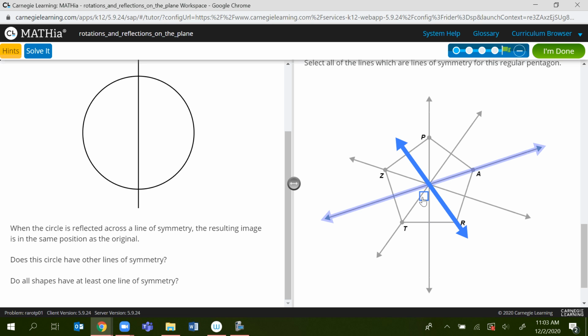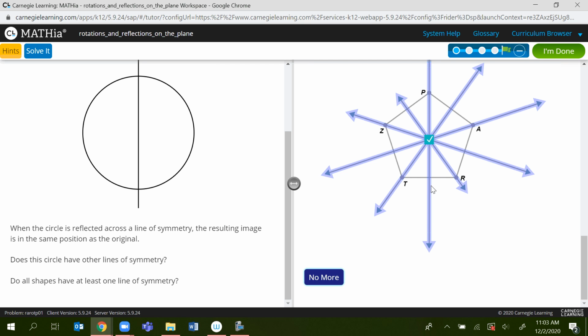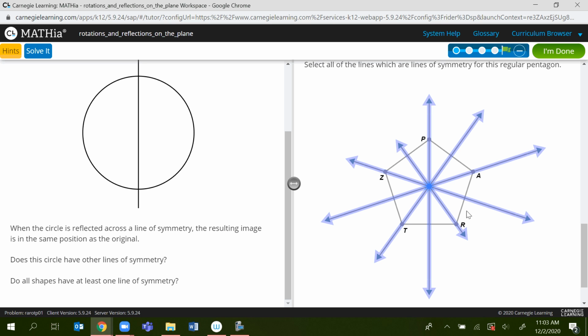And I could also select this one. I would select this one, and this one, and this one. Noticing too, for a pentagon, as long as it's going through one of the corners and through the middle of the opposite side, it is going to be folded in half perfectly.